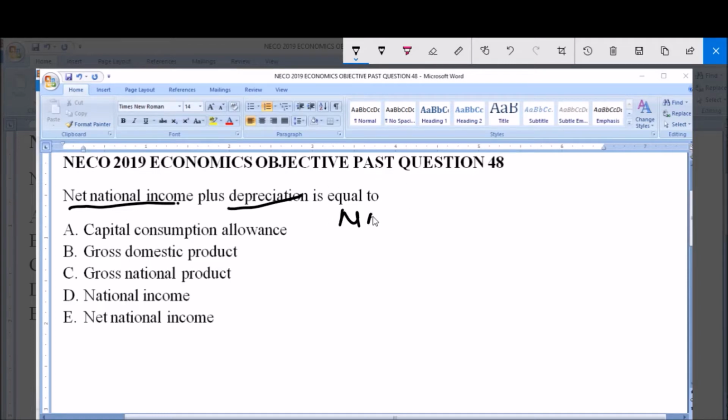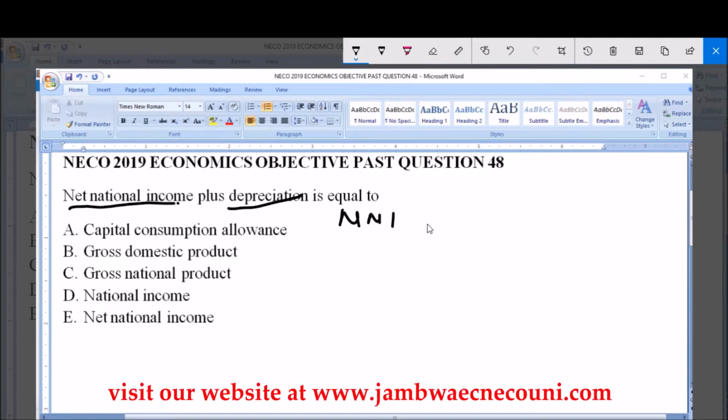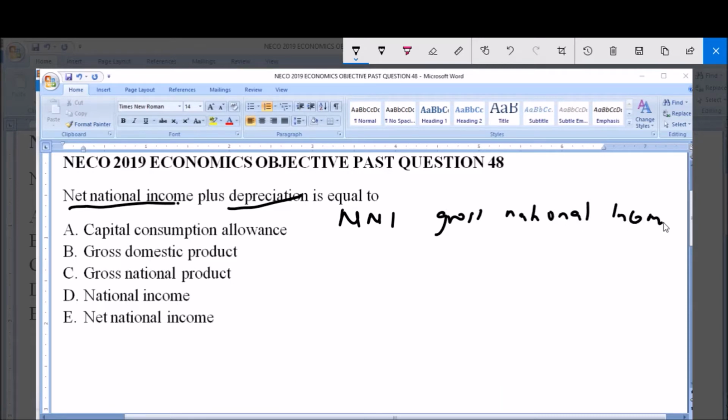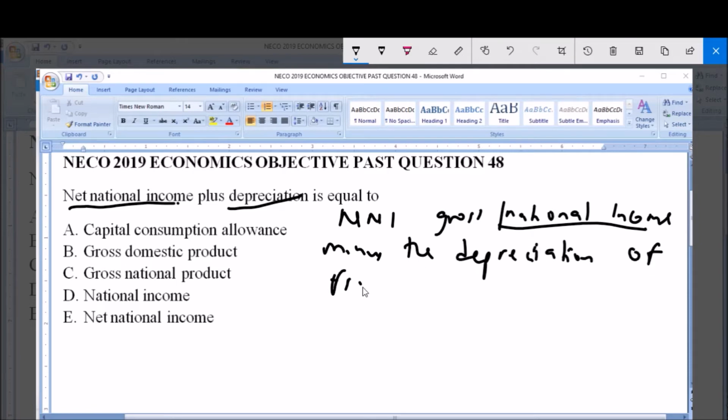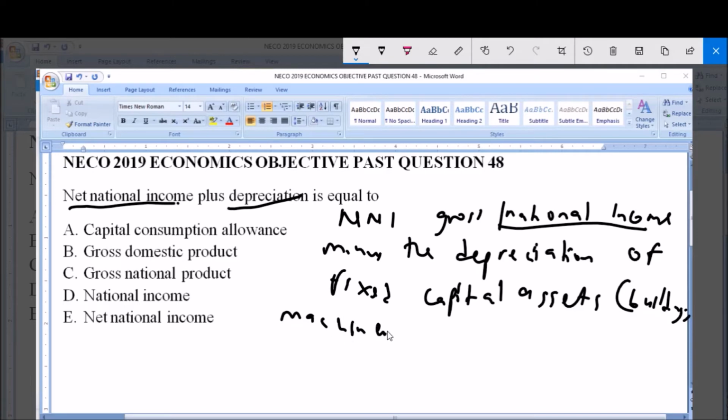Now the net national income, or NNI, is defined as the gross national income, or simply national income, minus the depreciation of fixed capital assets such as buildings, machinery, and transport equipment, right?